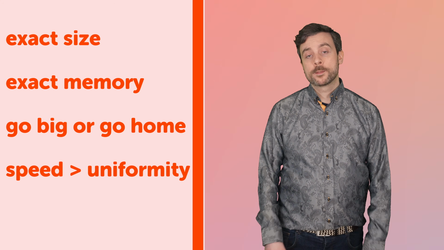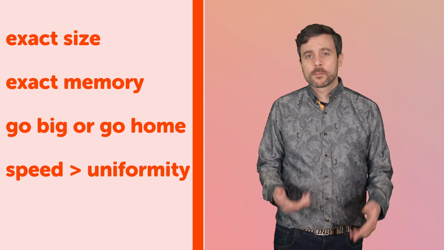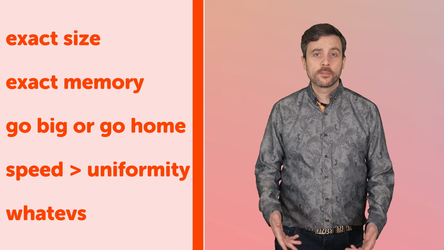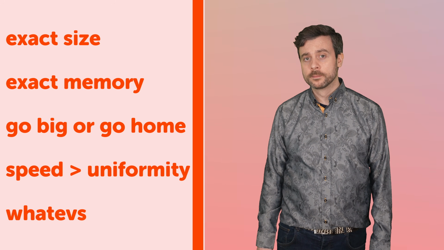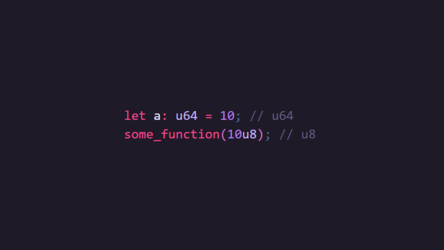Am I more concerned with speed than consistency, in which case a usize or isize? Otherwise, 32-bit and 64-bit integers are probably fine, especially if I know what my code will run on. You can specify what type of number it is either by annotating the variable you're putting it inside, or if that's not possible because you are, for example, passing the number straight into a function that could take many number types, you can write the type at the end of the number.